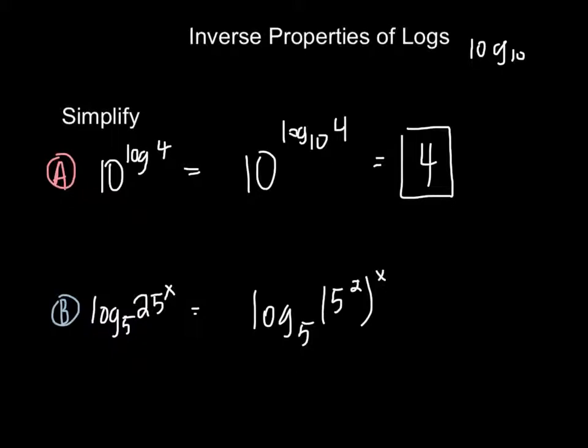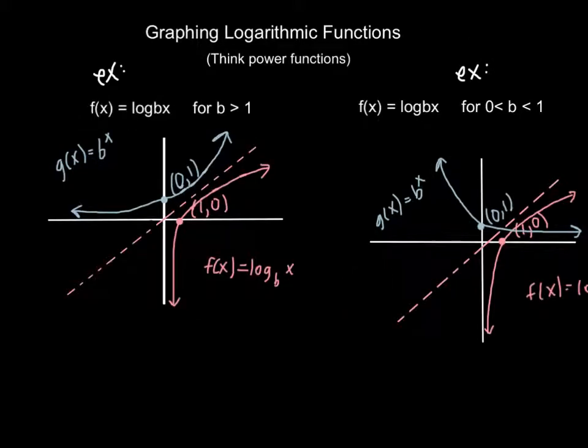Now that we have the same type of problem as before, in which we have the same base of our log as is the base of this exponent, these can cancel out and we have simply 2x. So once again, these are canceling out, 4 and 2x.